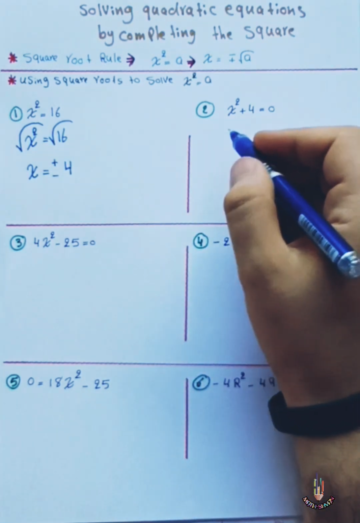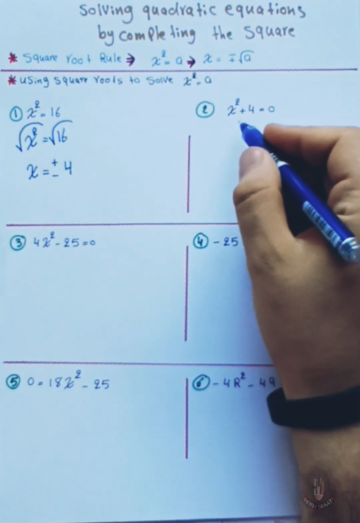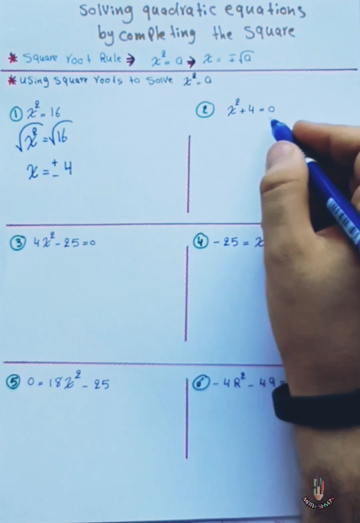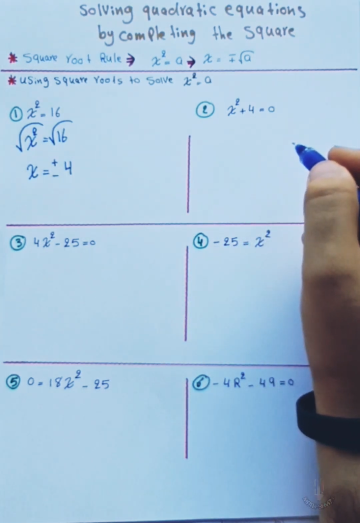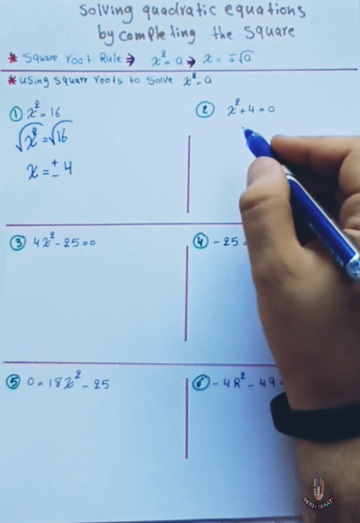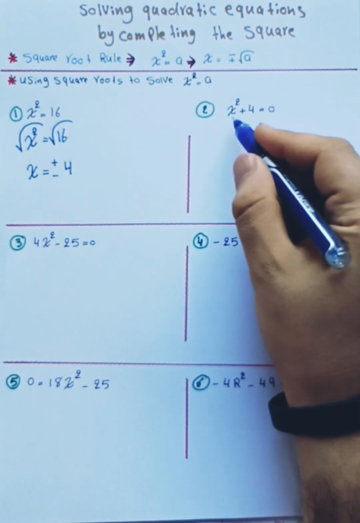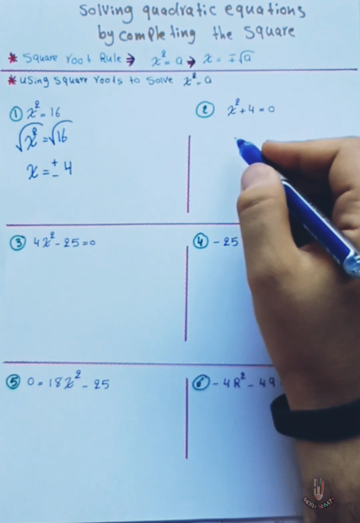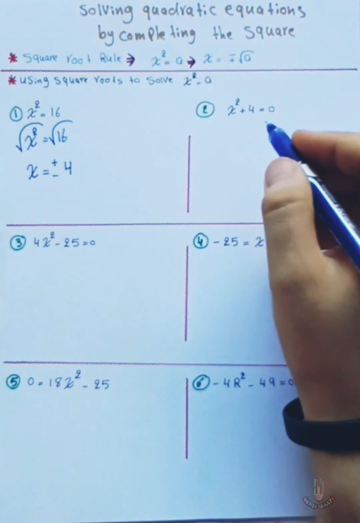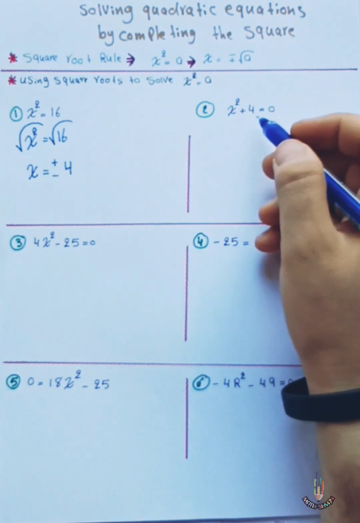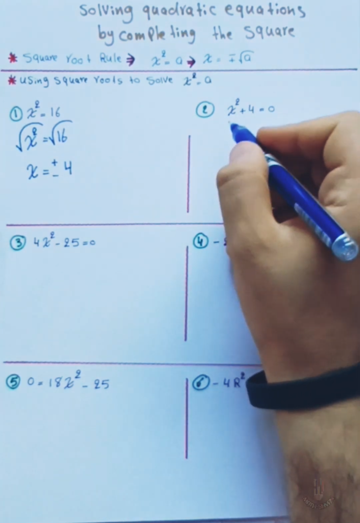Example number 2, we have x squared plus 4 equal to 0. So you have to make the x squared stay alone on the left side, so you have to move positive 4 to the right side.